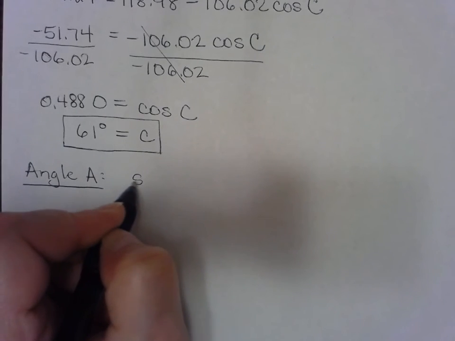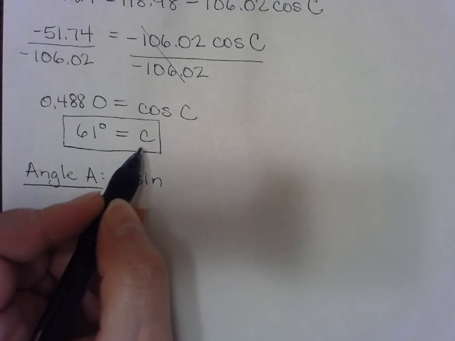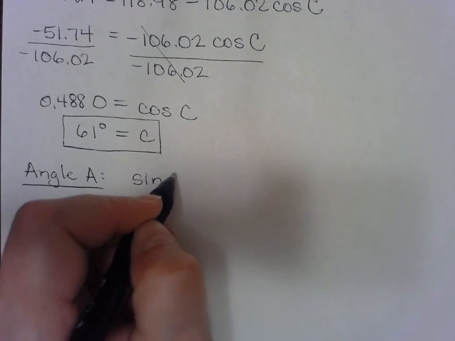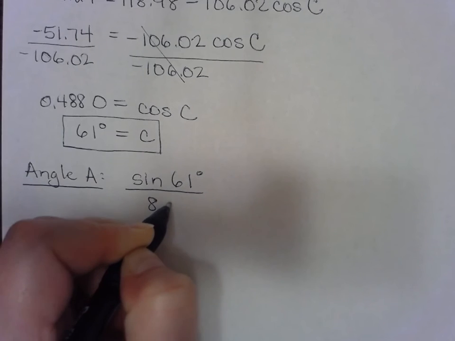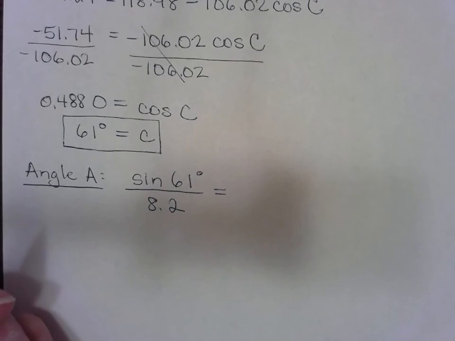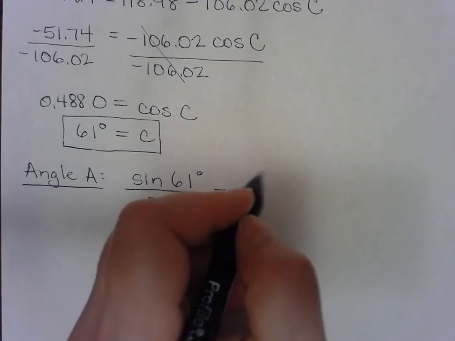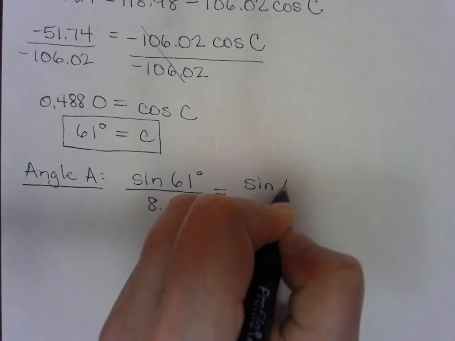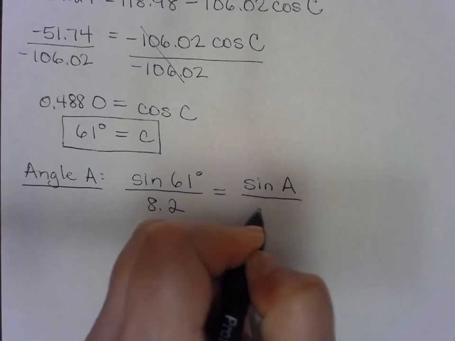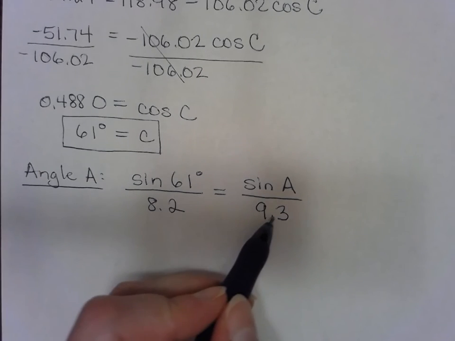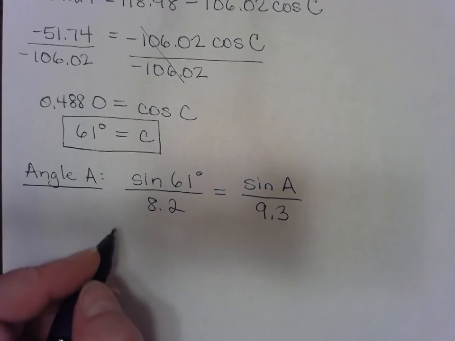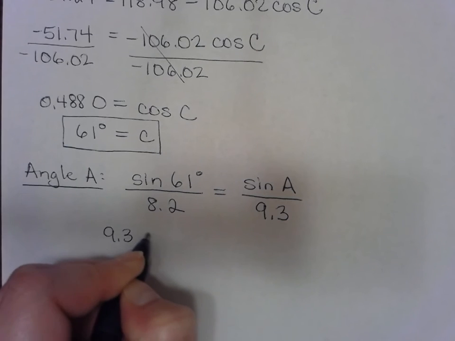So I have angle C and side C, so I can do the sine of 61 degrees over 8.2. So if I want to find angle A, that's going to be equal to the sine of angle A over 9.3. And I could multiply this 9.3 over to the other side.